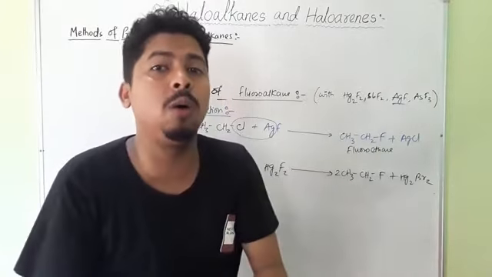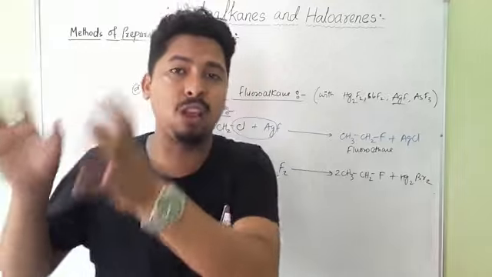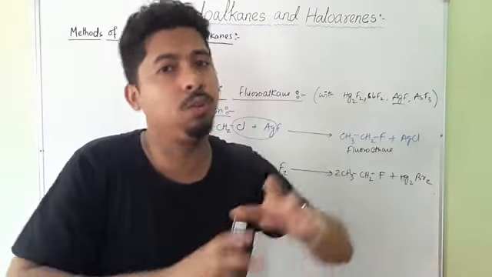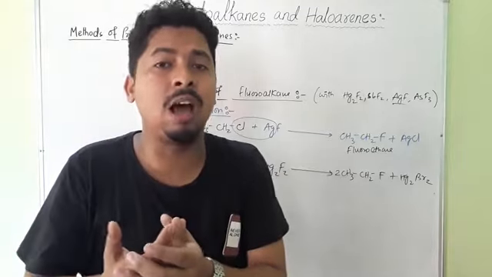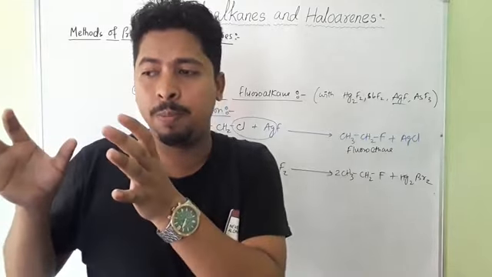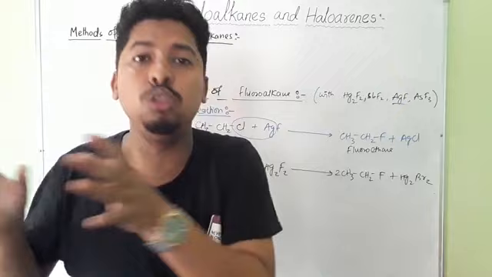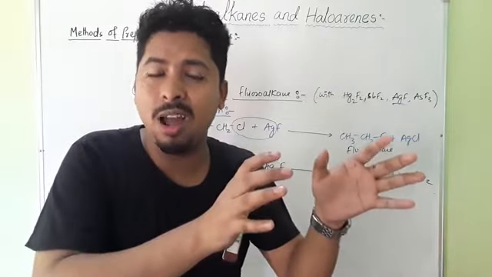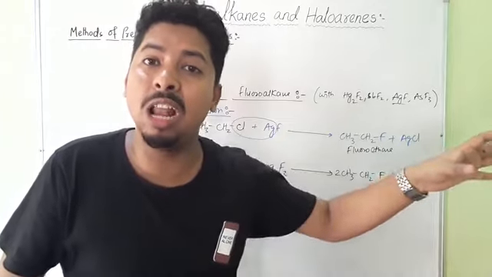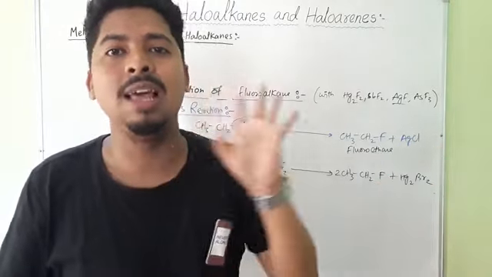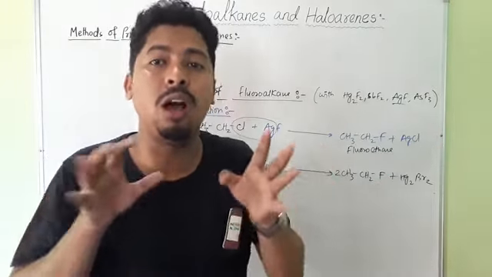After that we discussed preparation of bromoalkane, when alcohol is treated with HBr under reflux condition. And then by the Hunsdiecker reaction, by treating the silver salt of a fatty acid with bromine in presence of carbon tetrachloride under reflux condition, it produces the corresponding bromoalkane with one carbon less. So this reaction is called Hunsdiecker reaction.